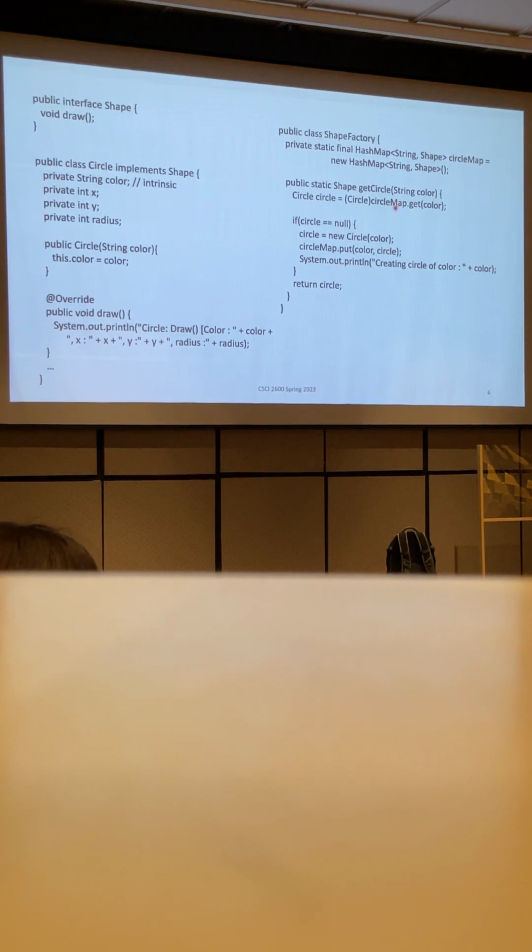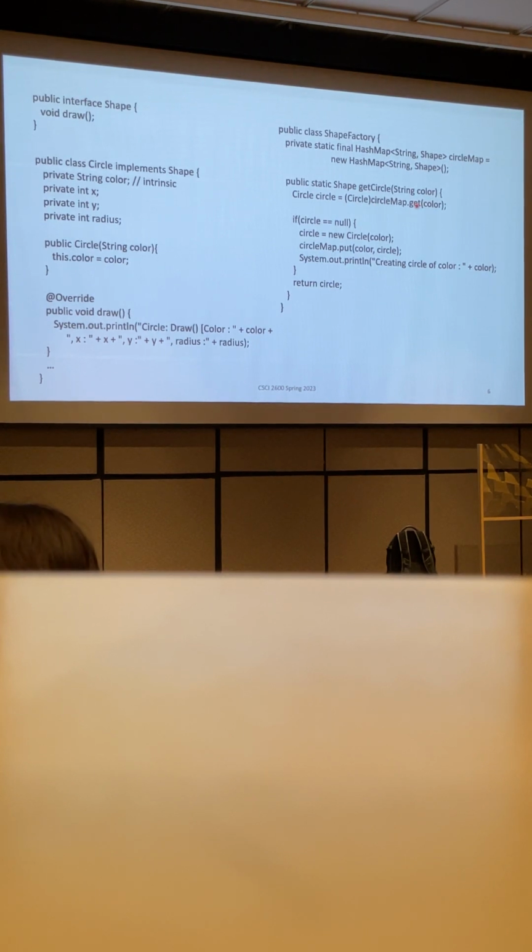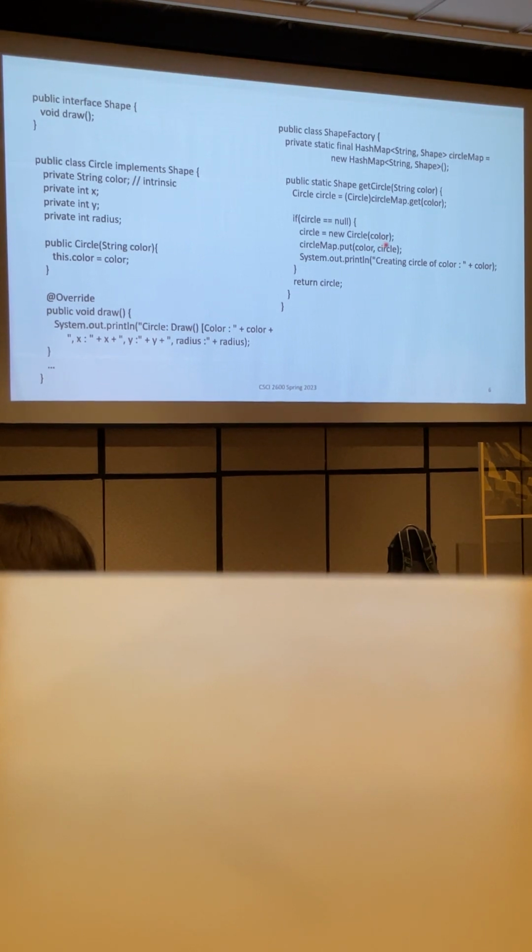And if we already have a circle of that color in the hash map, we give it to them. If not, we have to create a new circle, because that's the first circle of that color that we encounter. But as soon as we create a circle with a new color, we put it in our circle map. So now hopefully you see what is coming. Whenever someone calls getCircle, they get the same object that was created earlier.